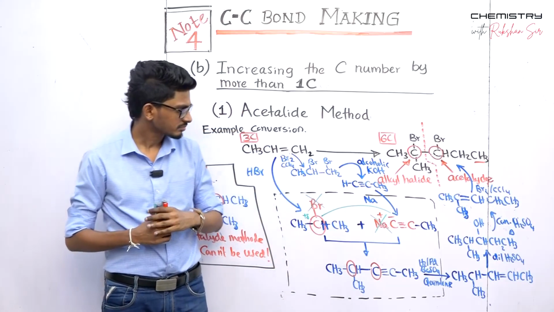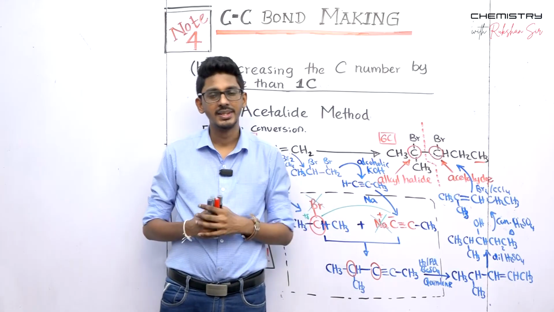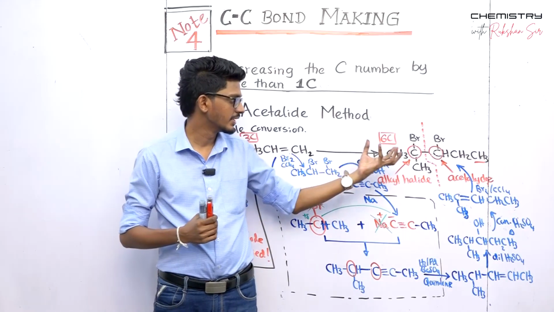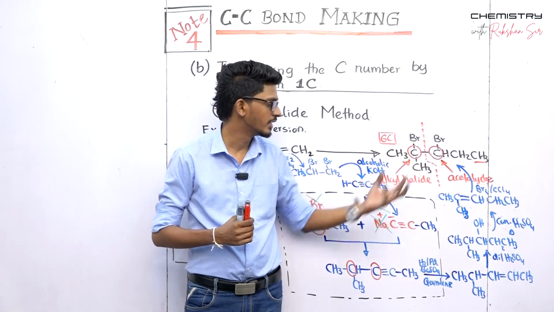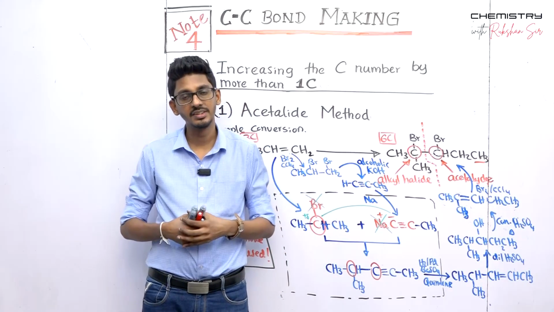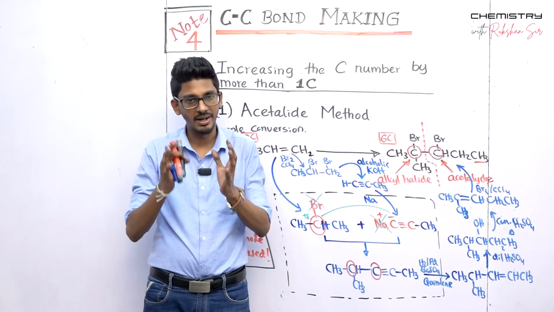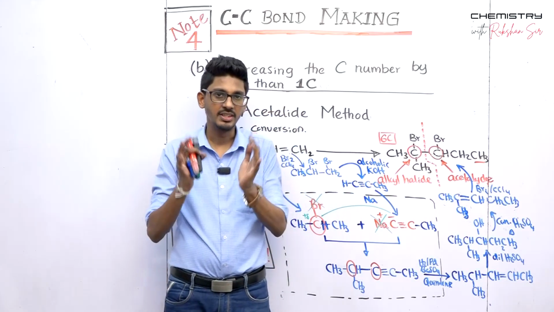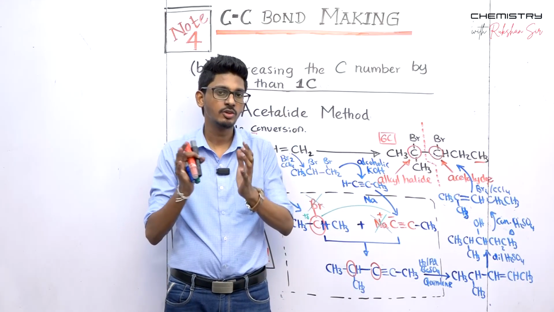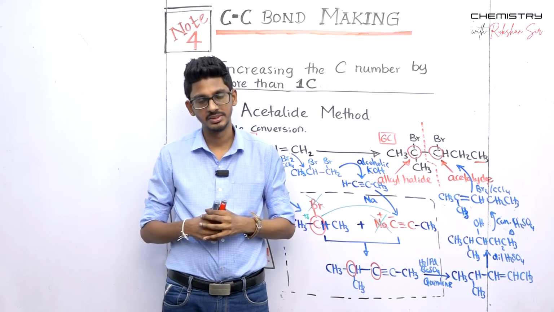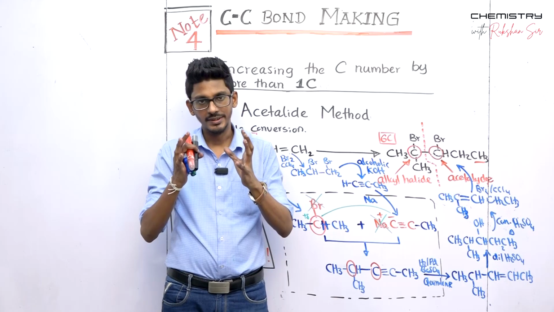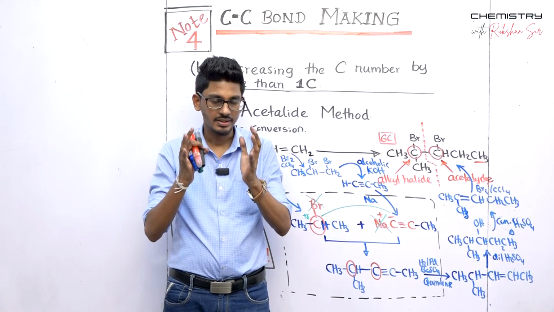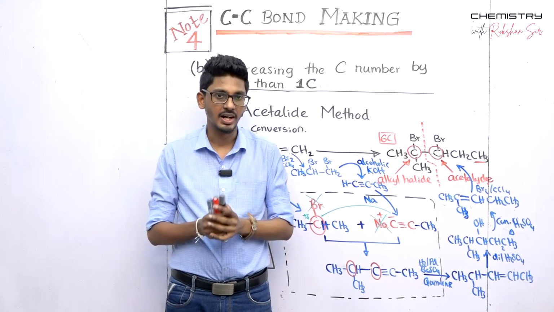So solve them with the acetylide technique as well. Identifying whether you are able to use the acetylide technique or not, by looking at the final compound, is another skill to develop. As I said earlier, all the 5 questions can be solved with Grignard.